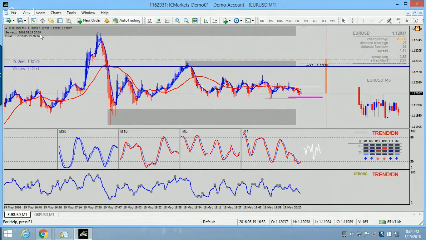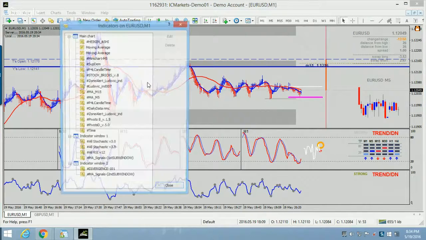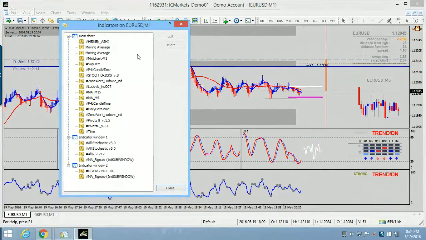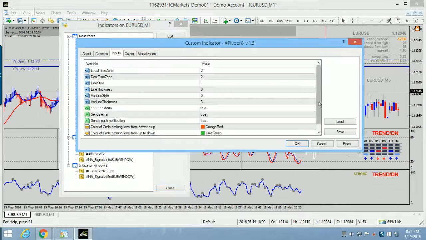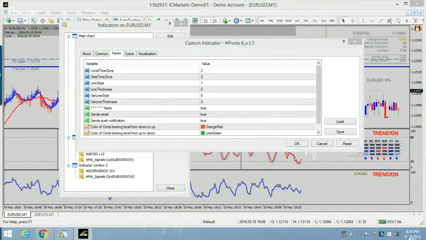The local time is exactly the server time. And if we access the indicators, yes, these are exactly the indicators that you are using. So we set the local time at 2 and the destination time, which is the server time, at 2 as well.